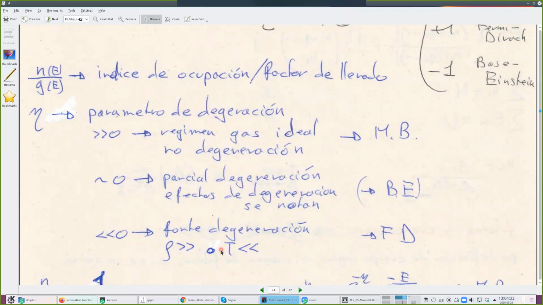And here we have the strong degeneracy for Fermi-Dirac particles, electrons principally. It occurs, physically in general, when the temperature is really low, or when the density is very high, so we have a high Fermi energy, and so the temperature is small with respect to the Fermi temperature.